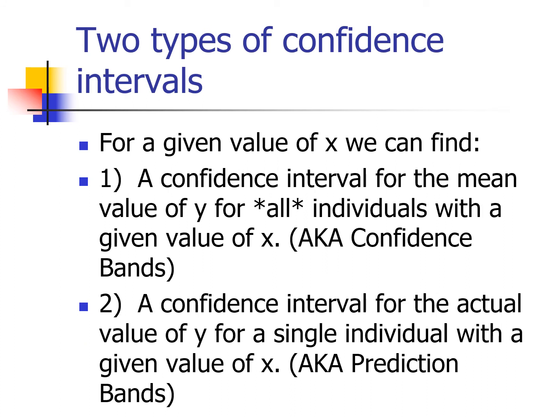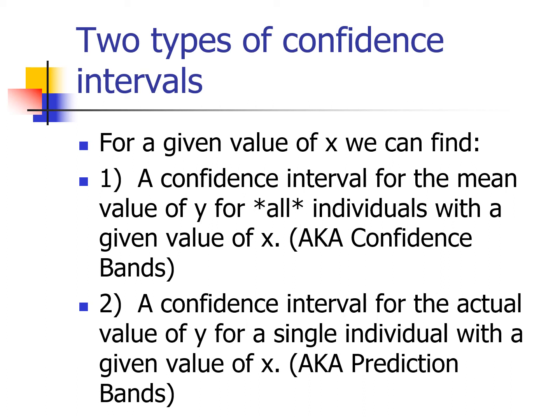Now, when we're talking about these prediction equations and their associated confidence intervals, there's actually 2 types of confidence intervals. For a given value of x, we can find 2 things. We could find a confidence interval for the mean value of y for all individuals with a given value of x.